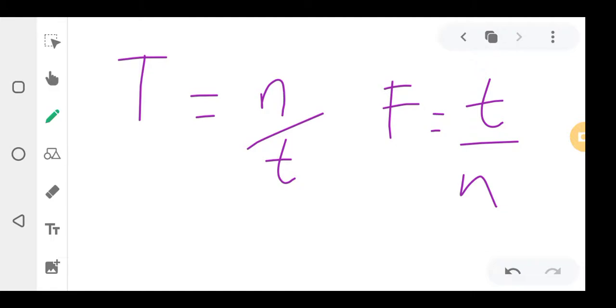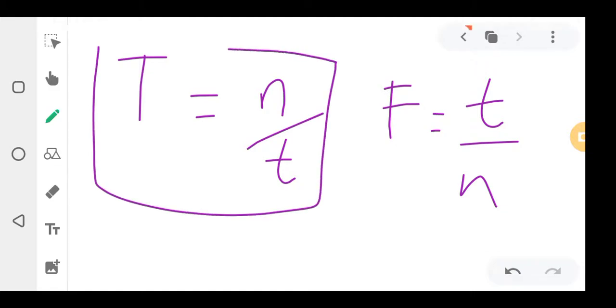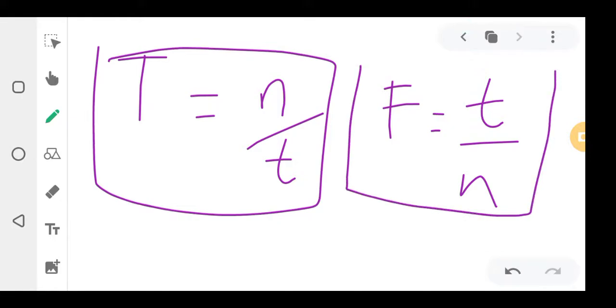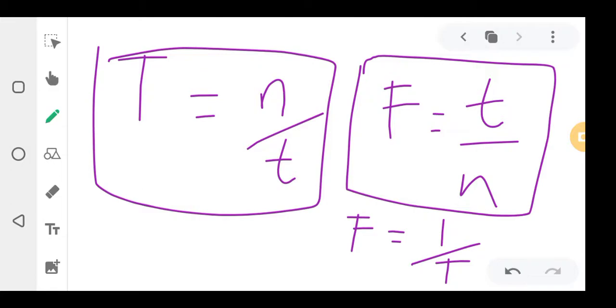These are the two very important formulas. Once you know one, you know the other is its opposite. So frequency has got two formulas. The other formula for frequency is 1 over the answer you got for periodic time. Have you understood? That's how you solve.